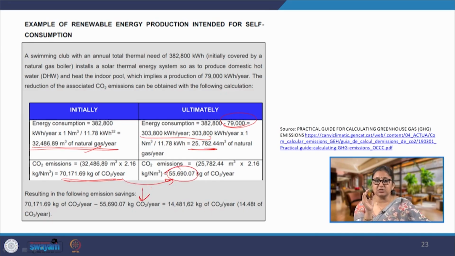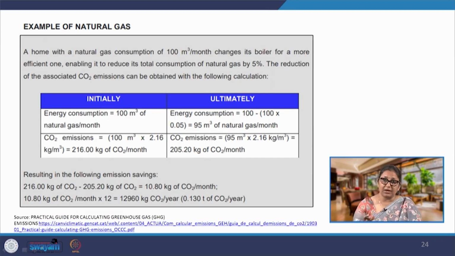So, simple activities. For a bigger project we must divide it into smaller activities and calculate it like that. This is another one where a home has changed its natural gas boiler to a newer, more efficient one, which reduces the consumption by 5%. How much is the reduction in the carbon dioxide emissions from this change, and hence the reduction in GHG emissions? Similarly, we can look at specific activities within a larger project and calculate the overall GHG emission reduction.